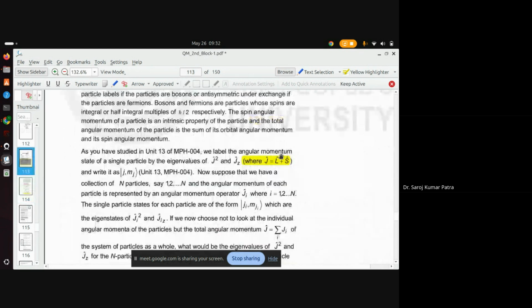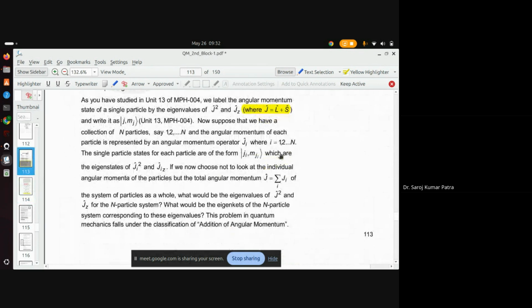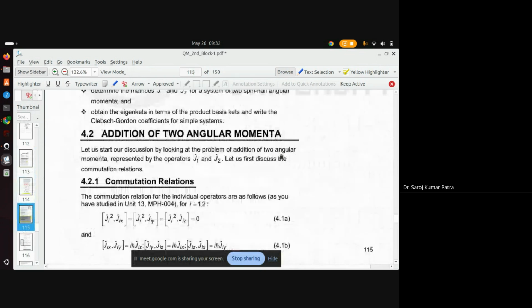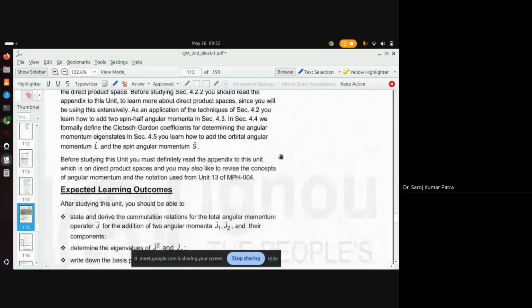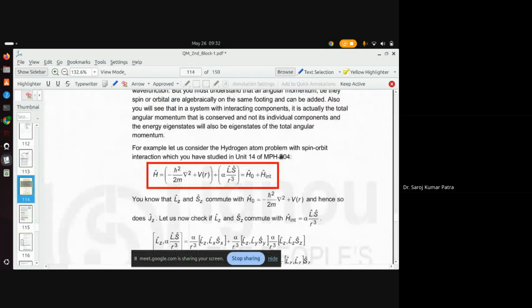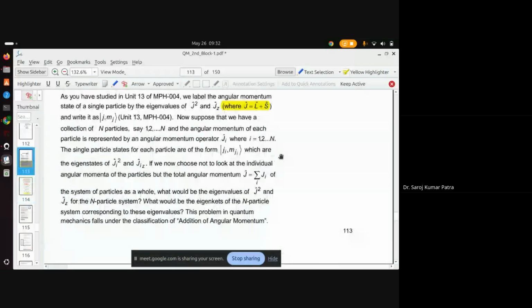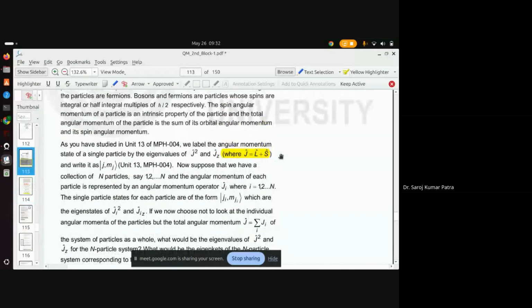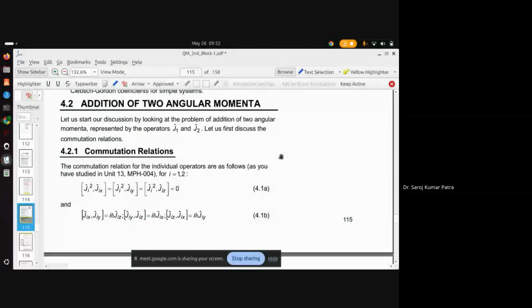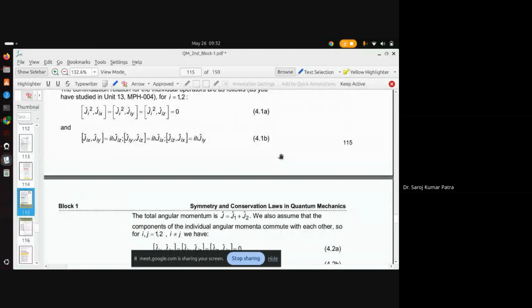All of us have done that in quantum 1. Let me remind you again. Just to show you, have you done this kind of relations in quantum 1 already?